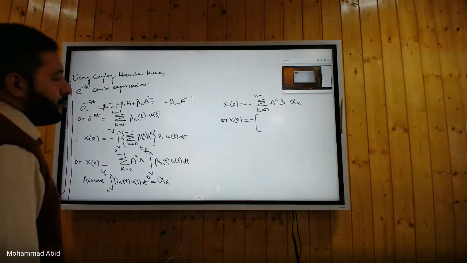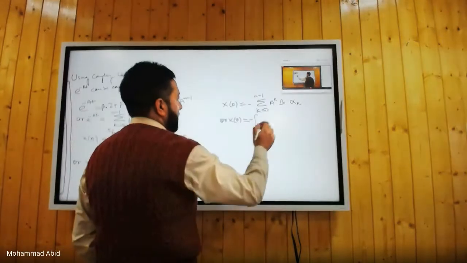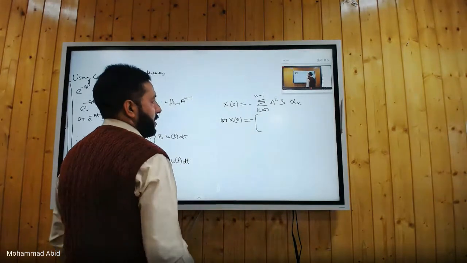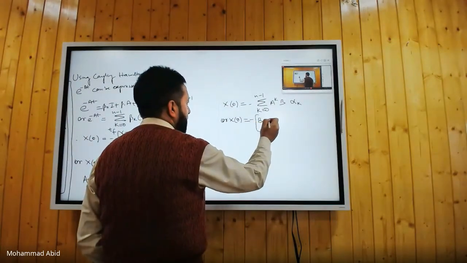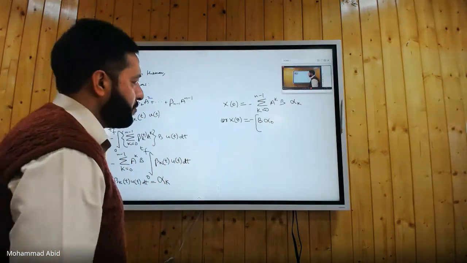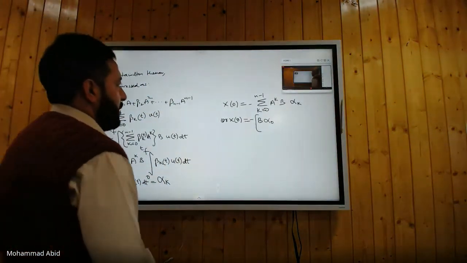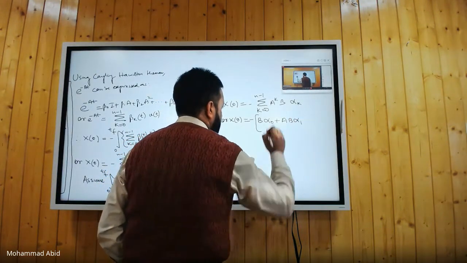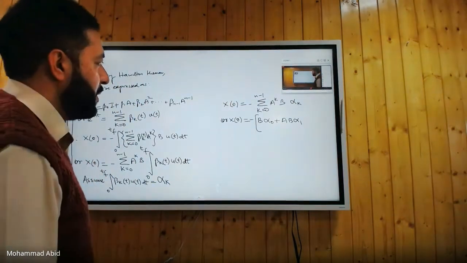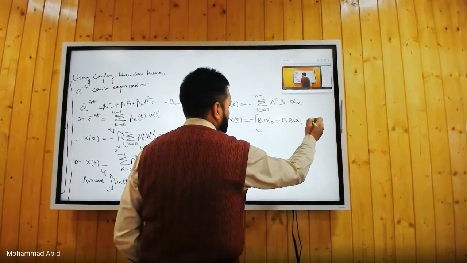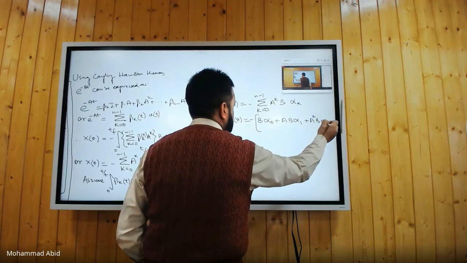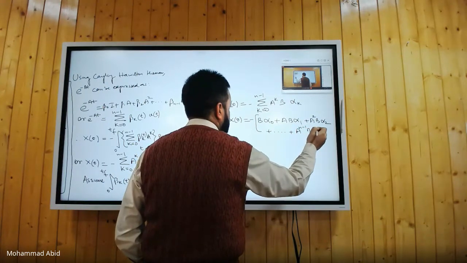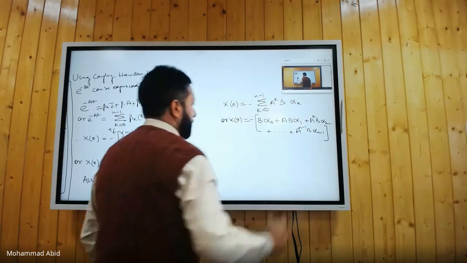For k equal to 0, A to the power 0 is I. So the first term is B alpha naught, then the second term is A B alpha 1, then A square B alpha 2, plus so on. The last term is A to the power n minus 1 B alpha n minus 1. Is that okay?